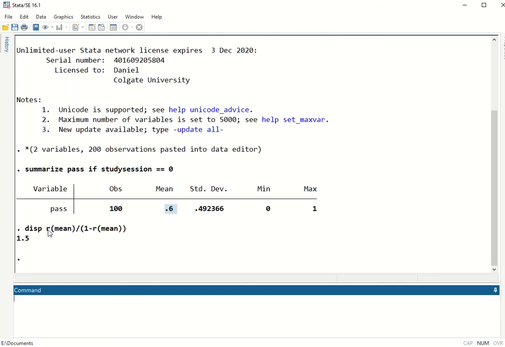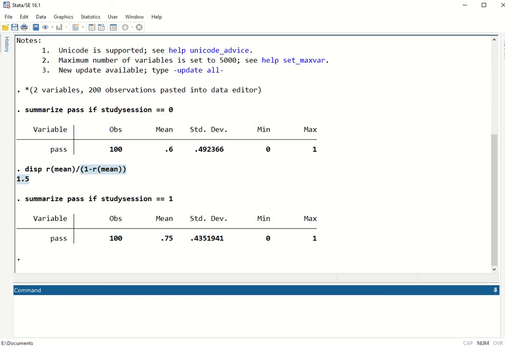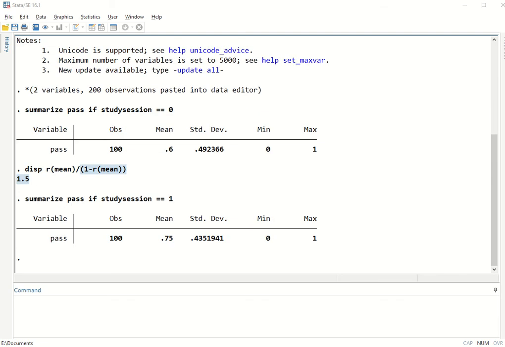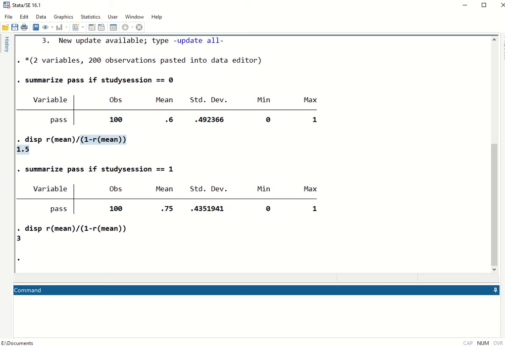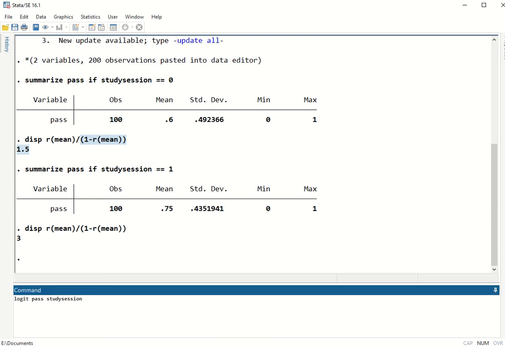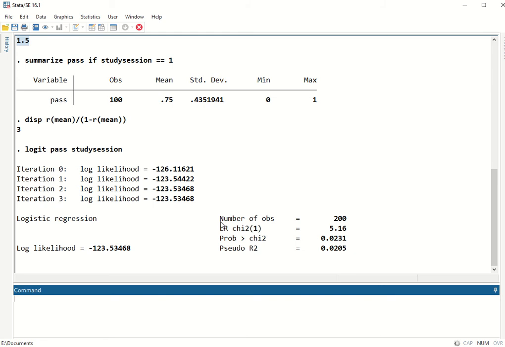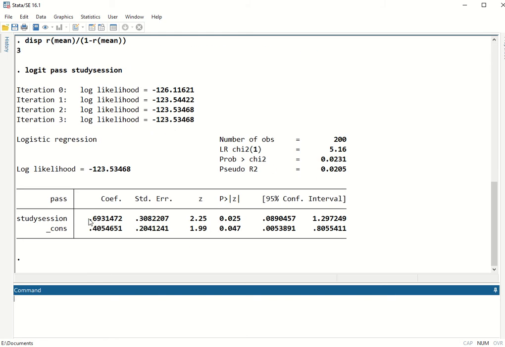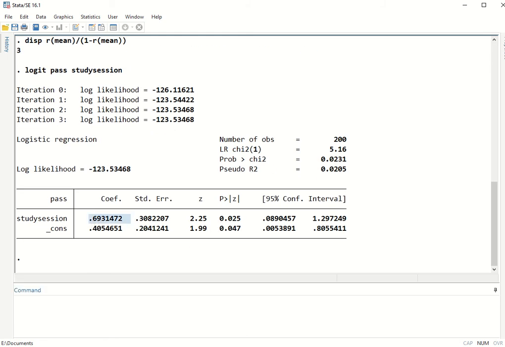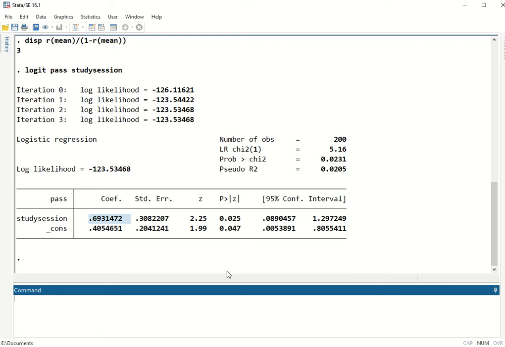The odds, the mean over 1 minus the mean, are 1.5. If you do go to the study session, 75% pass, and the odds are 3. If we do our logit regression, we get a coefficient of 0.69. So that's emphasizing where this logit coefficient is coming from.